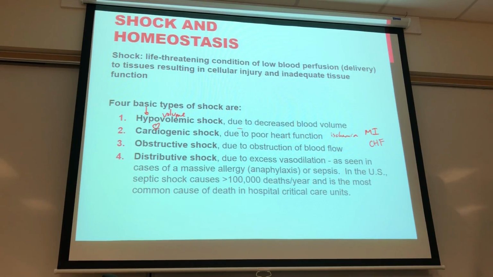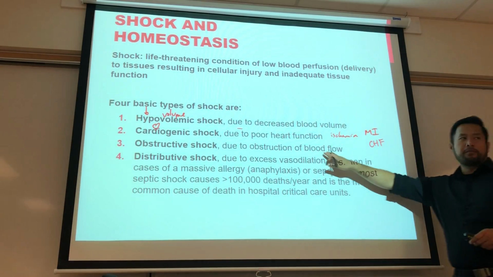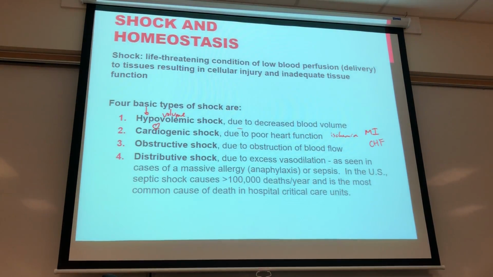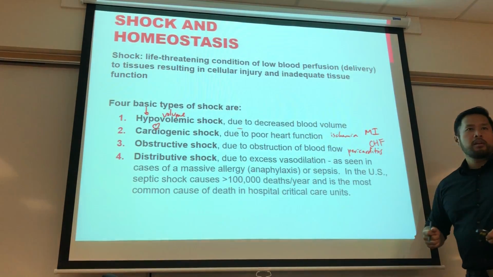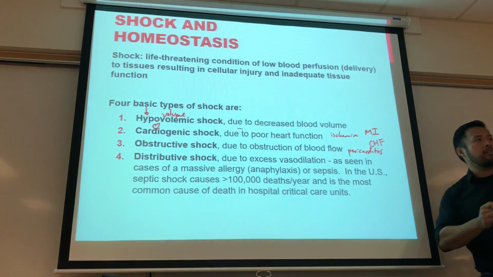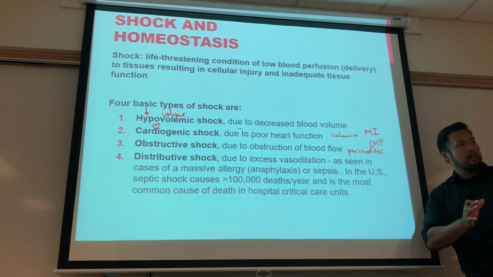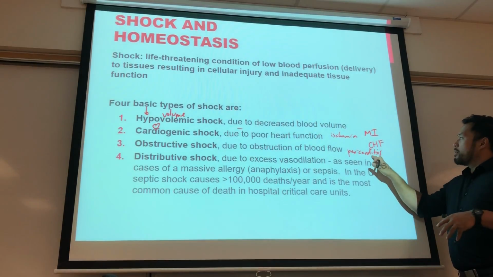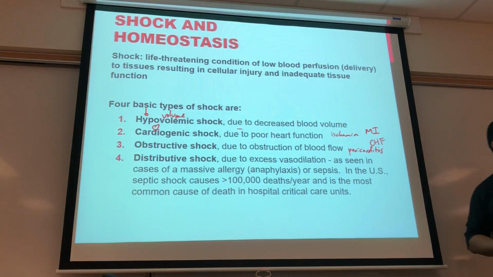Obstructive shock basically means that there's some obstruction of some sort to blood flow, whether that happens in the heart or it happens in the vessels. Typically that could be pericarditis, another way. Again, an inflammation of the pericardial layer over the heart. Any pericarditis would come in and create excess fluid that prevents the heart from fully expanding up to the limits of the pericardium.